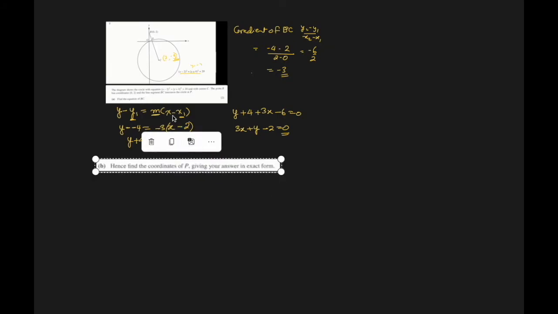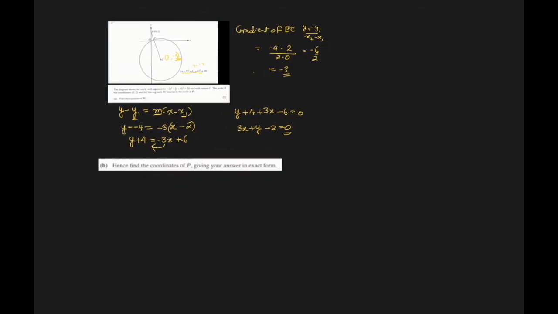Okay, so if I look at the equation once again, let me write the equation: (x minus 2) squared plus (y plus 4) squared equals 20. So if I isolate y from the line equation, it will become y equals negative 3x plus 2, right?